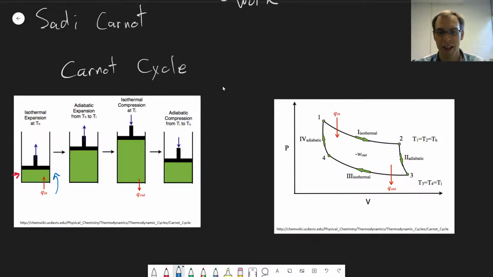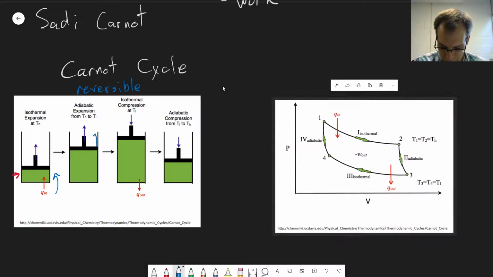In the idealized case, we do this isothermally. We let the temperature be TH, and the expansion happens at that same temperature. Then we do a further adiabatic expansion, to let the temperature go from TH to TL without losing any heat in the process. That's what makes this idealized. And again, every step along this is reversible.